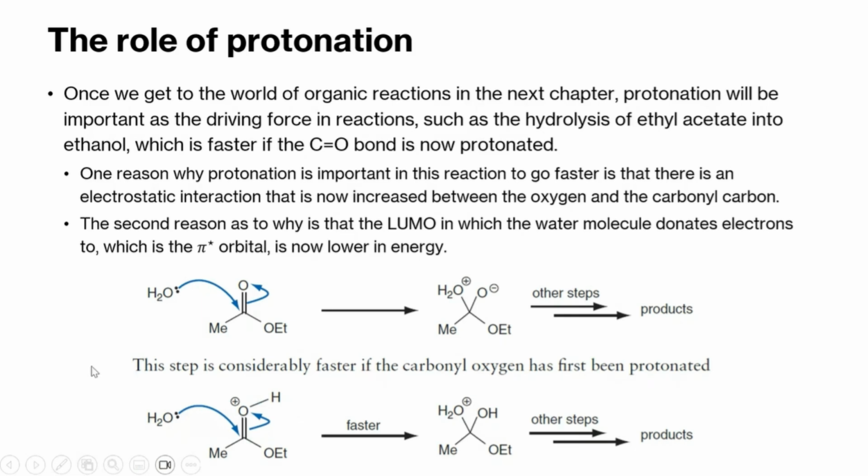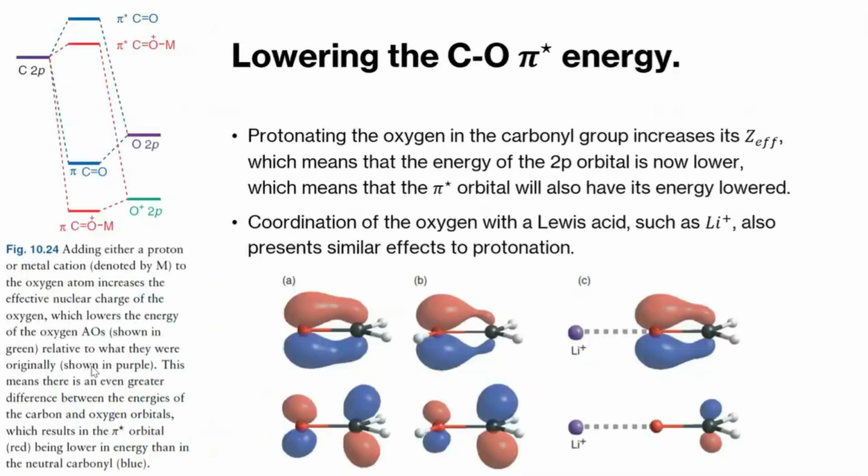One reason why protonation is important is because there is now a greater electrostatic interaction between that oxygen and the carbonyl carbon. And the second reason is that the LUMO, which the water molecule donates electrons to, which is the pi antibonding orbital, is now lower in energy. And a lower energy LUMO will allow for a reaction to happen quicker.